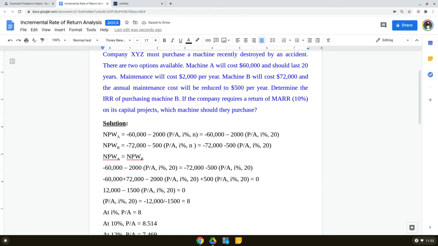So rearranging the terms in this equation, now minus 60,000 plus $72,000 is $12,000, and here we have this thing common, these parentheses are common, so we can take them out common, and minus 2000 plus 500 will be minus 1500 P, and then of course this common term here, P given A, I%, 20, is all equal to 0.